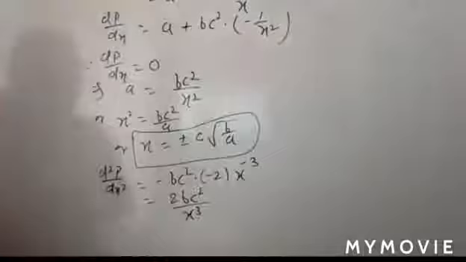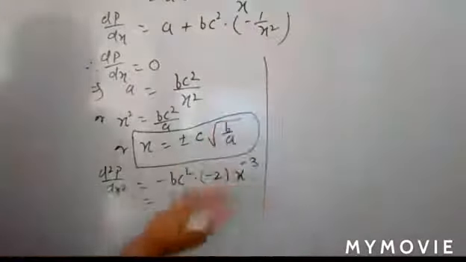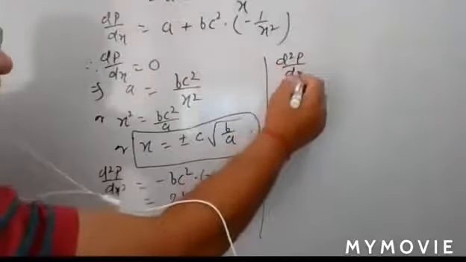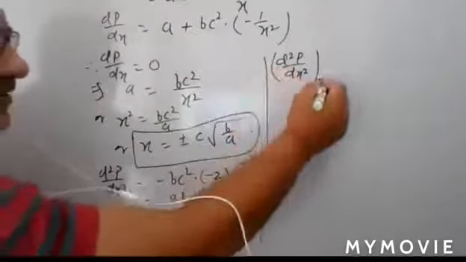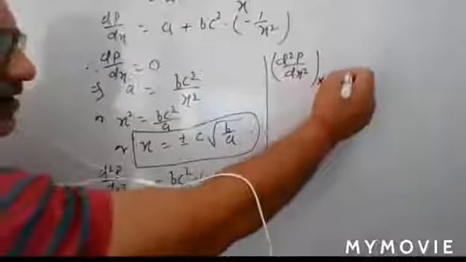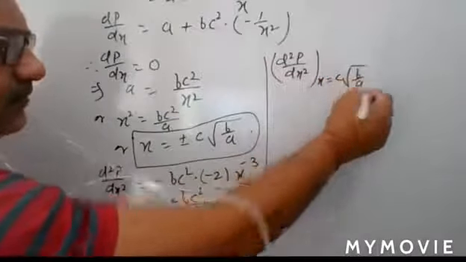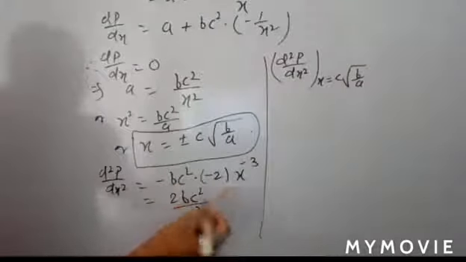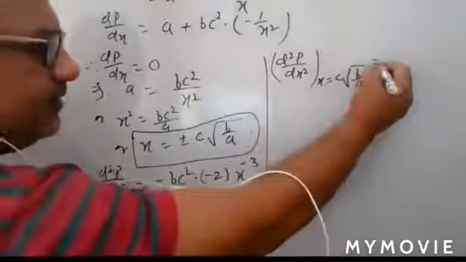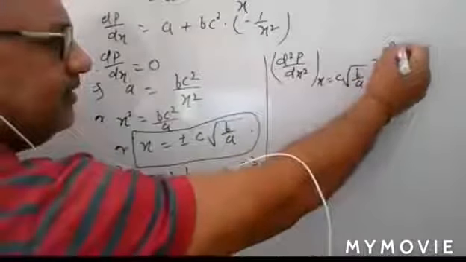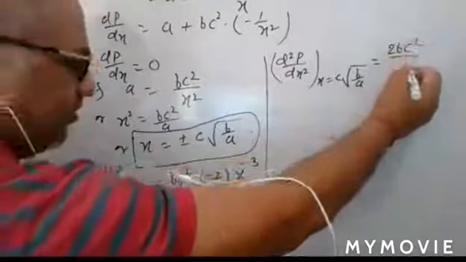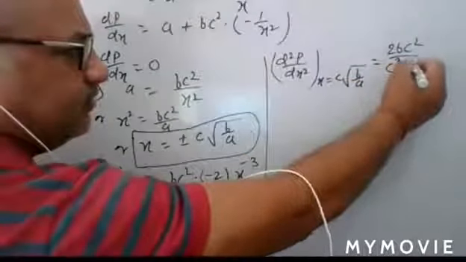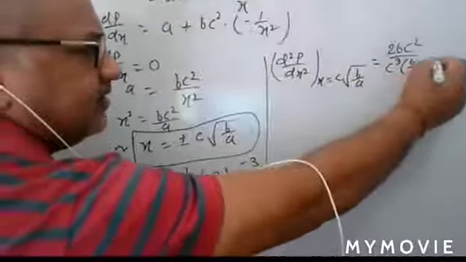Okay, so right. Here you see that the second derivative d2p upon dx2 at x is equal to c under root b by a. Now if you are putting that value in the second derivative, you have 2b c square upon x cube of this one, so c cube into b by a whole power 3 by 2.